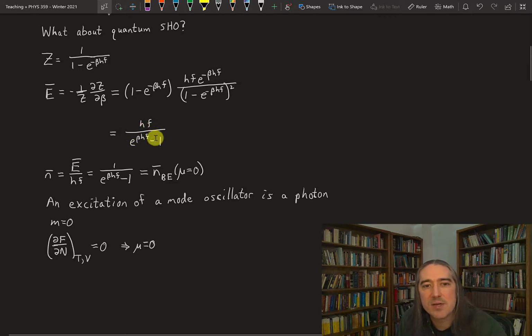And we've got an exponential in the denominator. So we have an infinite number of modes because n, that integer, can go higher and higher and higher, which means the frequency can go higher and higher and higher. But the actual average energy we find per mode will be suppressed by this exponential factor.